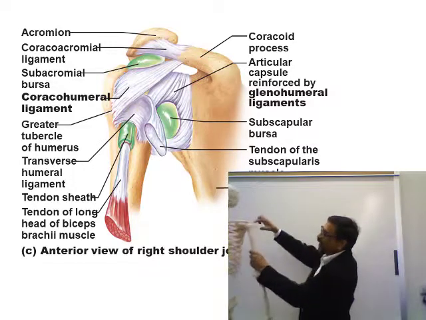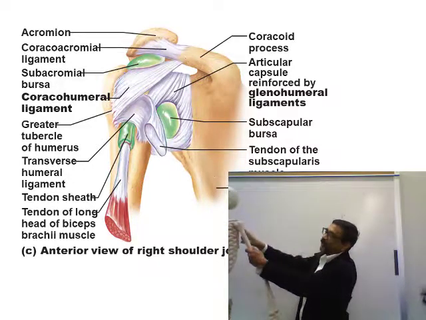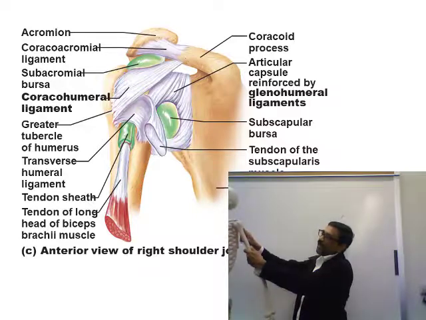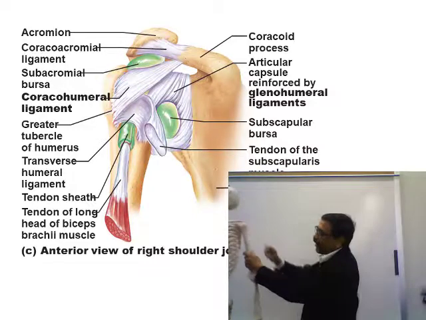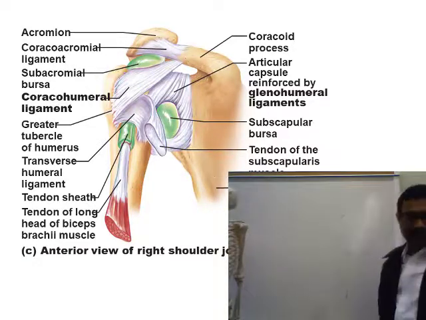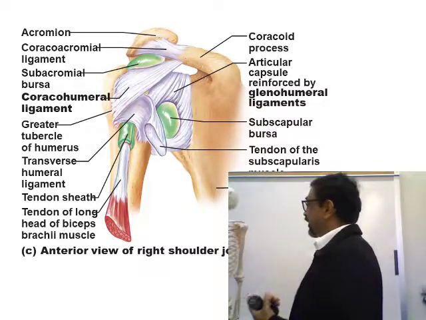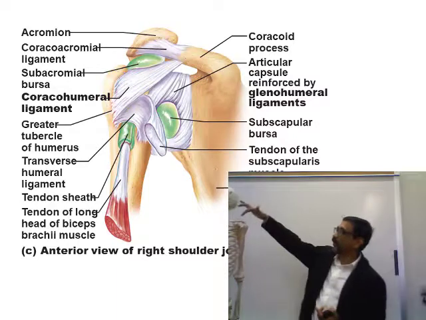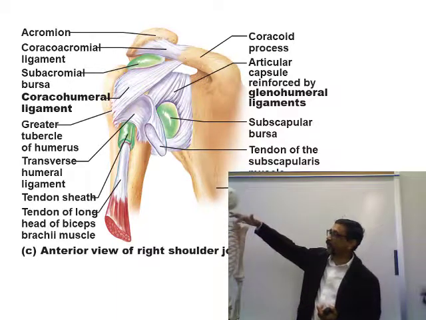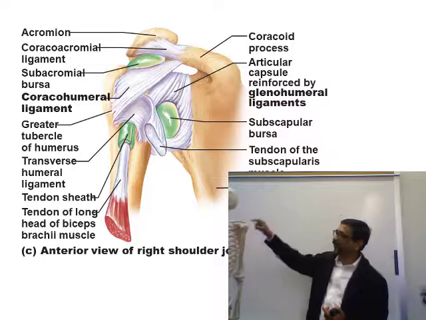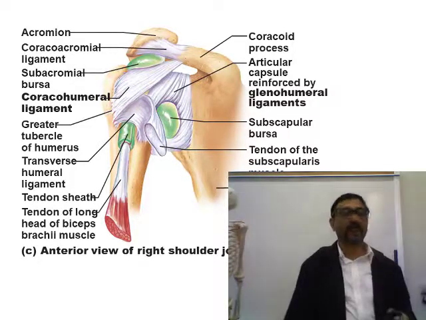This is the glenoid cavity, so glenohumeral goes from around the glenoid cavity to the humerus. That's why it's called glenohumeral. Very easy to remember: coracoid to acromion, coracoacromial; coracoid to humerus, coracohumeral; glenoid to humerus, glenohumeral.